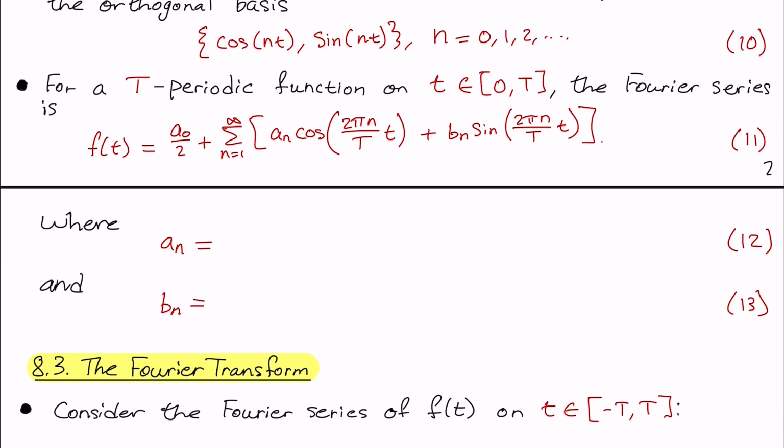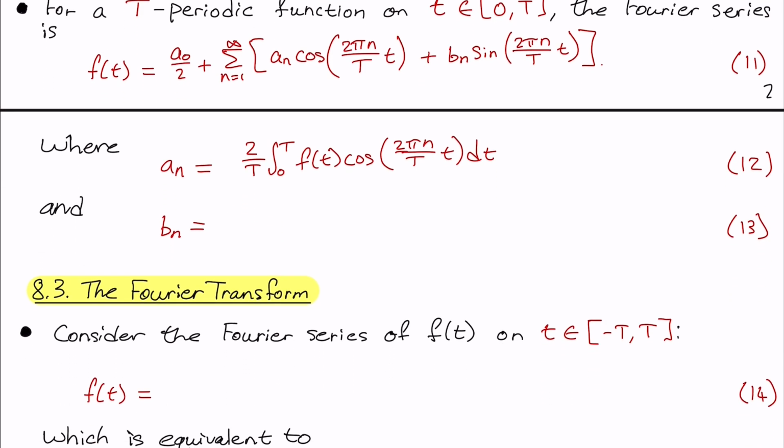Here an is equal to 2 divided by big T times the integral from 0 to big T, that's the interval that we're considering this function on, of f of t times cosine of 2 pi n over big T times little t dt.